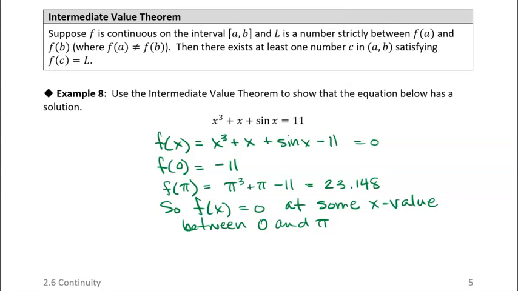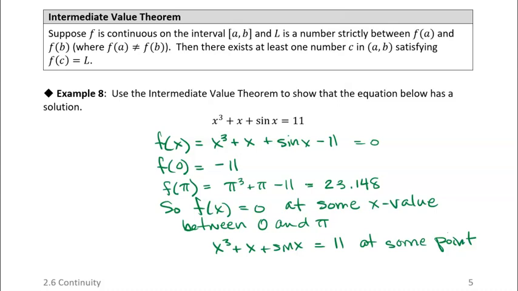So I guess the conclusion is that x cubed plus x plus sine of x equals 11 at some value of x. All right, so that's really all we can find from that.